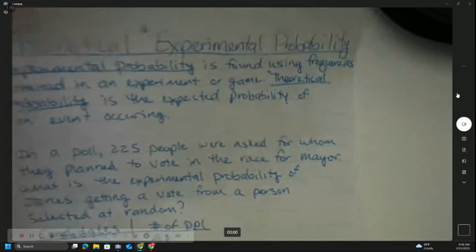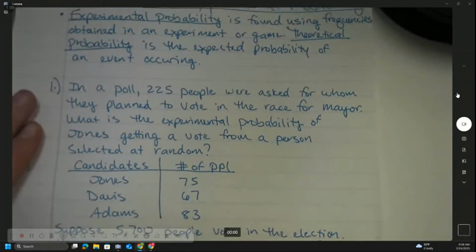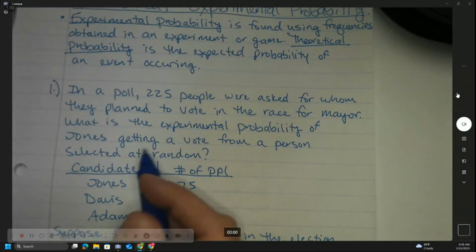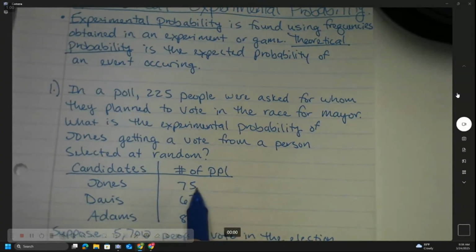So the first example I have here is we're voting, okay? And in a poll, 225 people were asked for whom they planned to vote for in the race for mayor. What is the experimental probability of Jones getting a vote from a person selected at random? So Jones, out of the number of people voting, 75 voted for Jones, 67 voted for Davis, 83 voted for Adams.